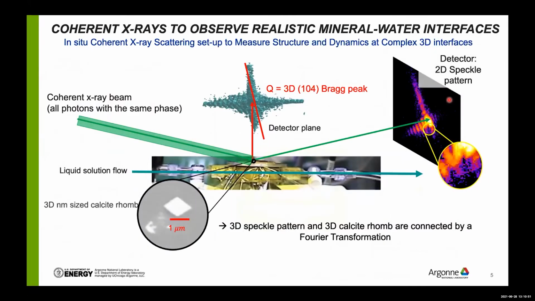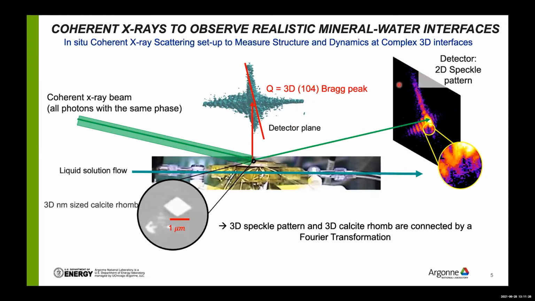But coherent X-rays can also be used to observe complex 3D interfaces, like this 3D nanometric calcite rhomb in contact with a liquid solution, which is in this fluid cell. And so if we illuminate the sample with a coherent X-ray beam and we place our detector in such a way that the geometry of the scattering matches the momentum transfer for the 104 Bragg peak reflection of calcite, we can see that our 2D detector plane cuts the 3D distribution of intensity around this specific Bragg peak.